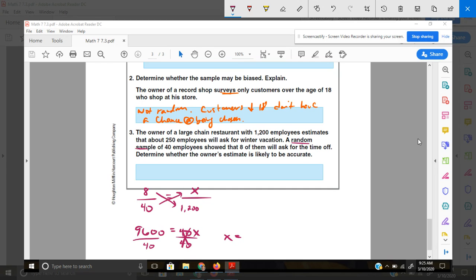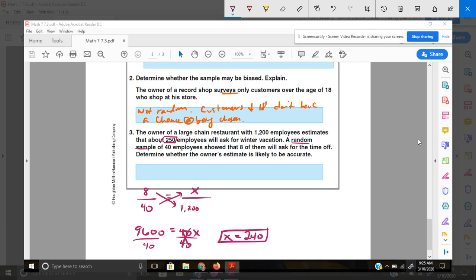So 9,600 divided by 40 would give me 240. So the owner estimated that about 250 employees will ask off, and based on our survey, if this 8 to 40 ratio remains true, it's going to be about 240.